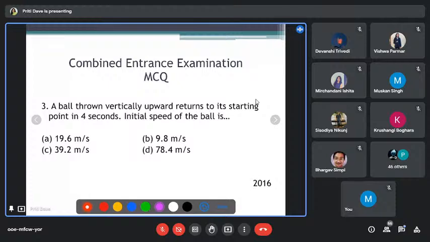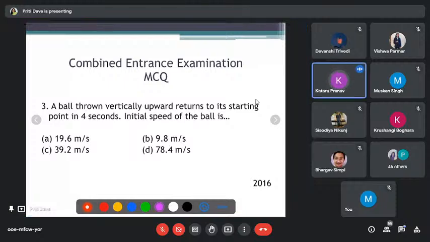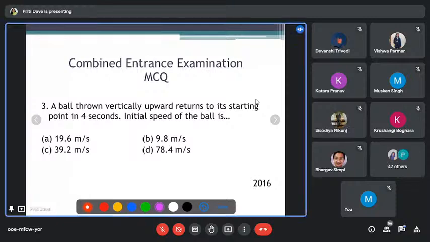Initial speed, so what are you finding? U. I've given you a big hint. And no guesswork I want, huh? Work it out. B, 9.8. Okay. On what basis are you saying 9.8?